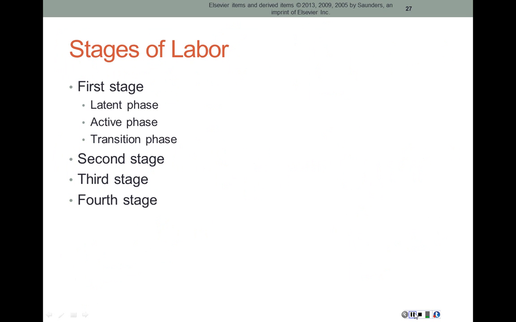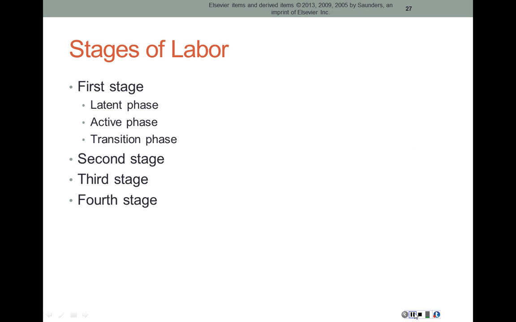Okay, stages of labor. Okay, so the first stage involves the actual onset of true labor, and it goes through until the cervix is completely and fully dilated and effaced. So the first stage is divided into 3 phases.